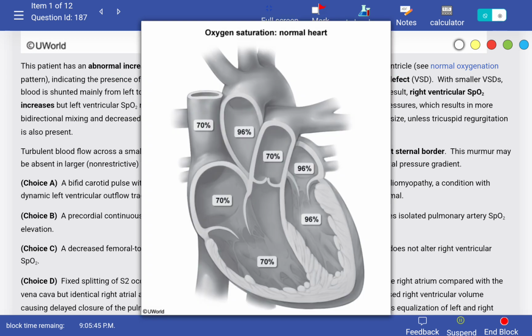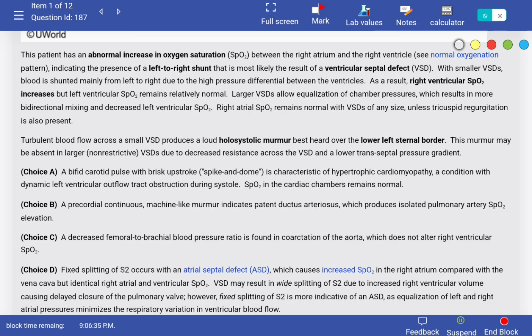Normally, the percent saturation of oxygen stays the same from right atria to right ventricle. But in the previous scenario it was increased, let's say to 80. So this indicates the presence of a left to right shunt, which is most likely the result of VSD.